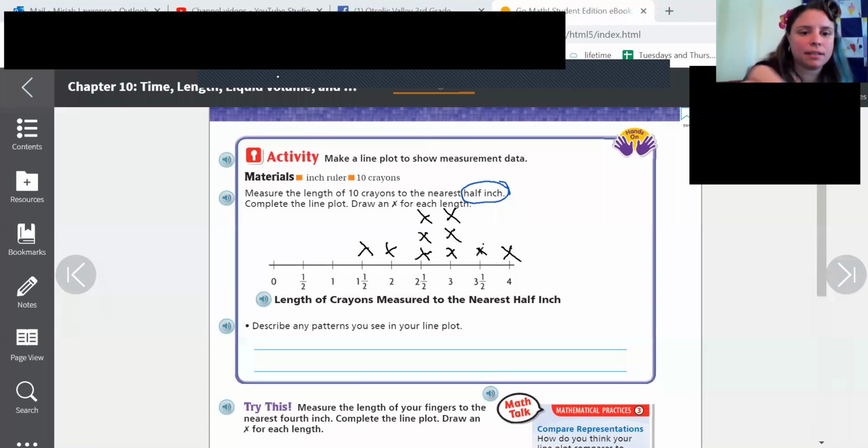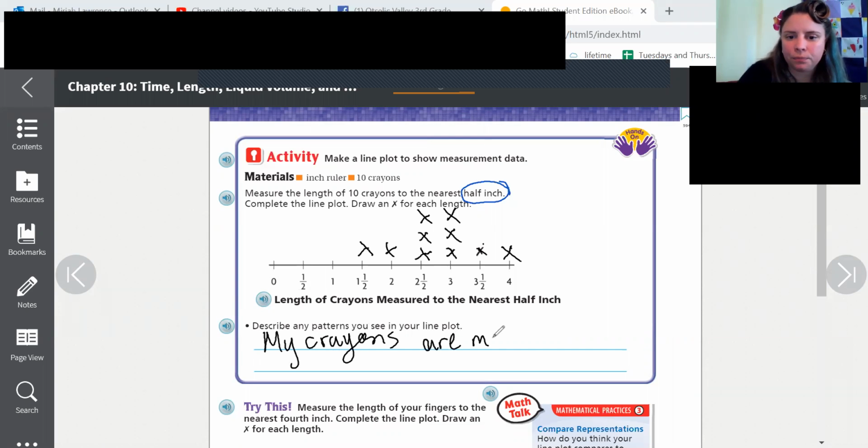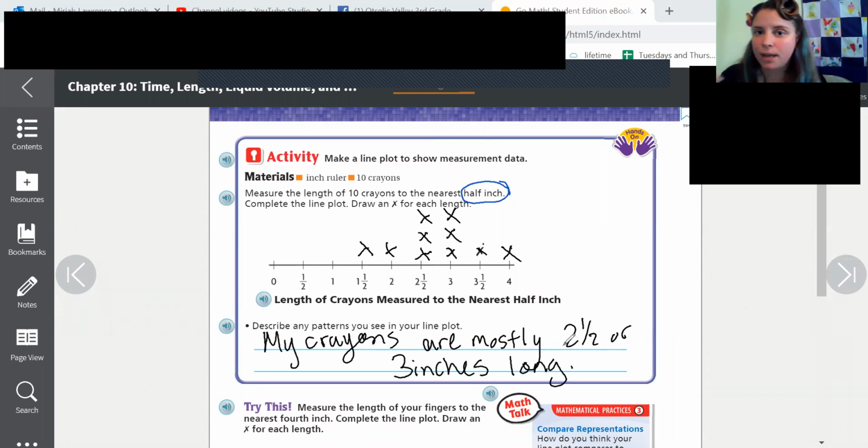So the pattern I can see is that my crayons are mostly 2 1/2 or 3 inches. You might have a different pattern depending on how long your crayons are or if you have a brand new box, right? If you have a brand new box, you're probably all going to have 4-inch.